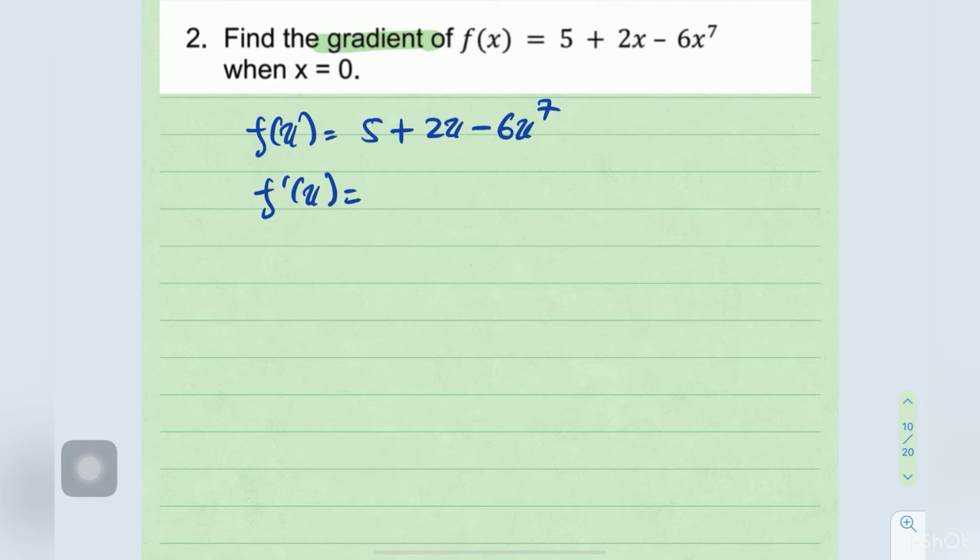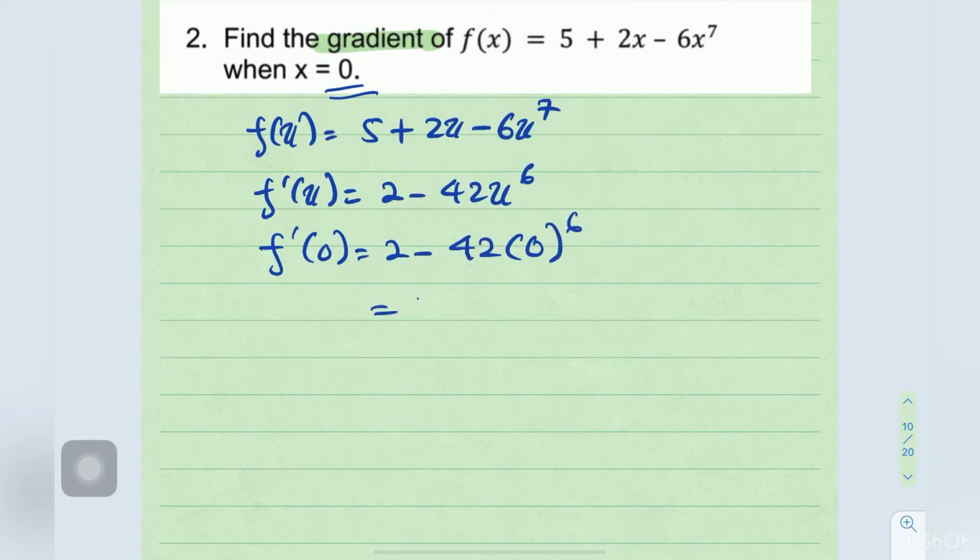We differentiate once and get 2 minus 42x to the power of 6. Then we substitute x equals 0. So f prime 0 is 2 minus 42 times 0 to the power of 6, which is 2. So the gradient of f(x) when x equals 0 is 2.